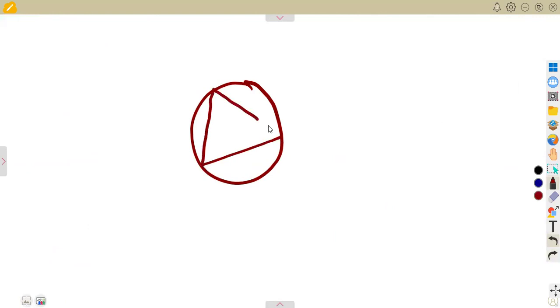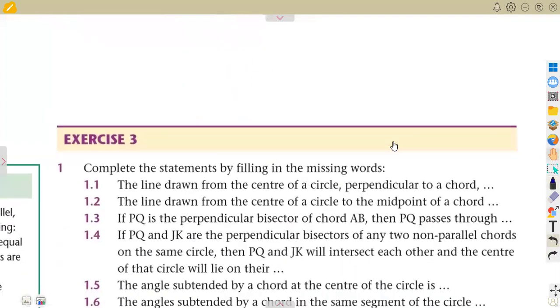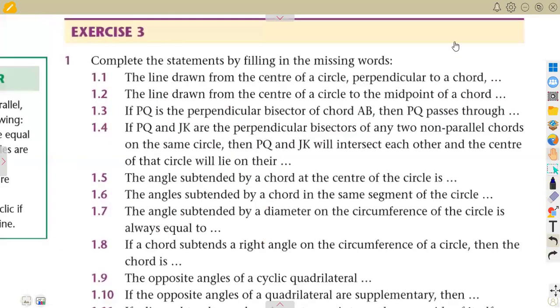This is a chord, I draw my angle like this, it subtends an angle, I draw another one, it subtends. Just figure out what is happening. These two angles are equal. Write your theorems down, then cross-check with your textbook. If I'm still making a mistake on this part, or this part I'm now perfect, you move on to another part. That is the way you can actually know your theorems. Do them one by one. These are the typical questions that you're going to have. Like I said before, we are going to have many questions like this, and also from our question papers from Mason African Motives.